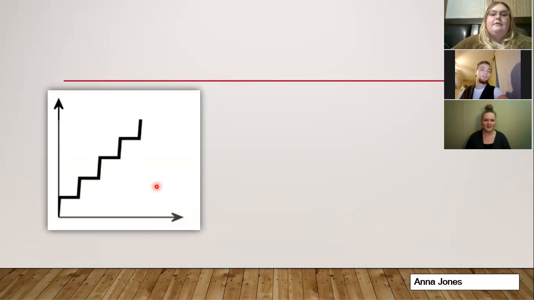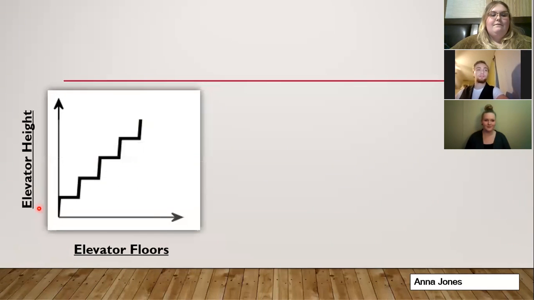All right. Anna, can you show us what an elevator graph would look like? Yes, ma'am. Here we see a graph of an elevator where the x-axis is the elevator floors, and the y-axis is going to be the time, or the elevator height.